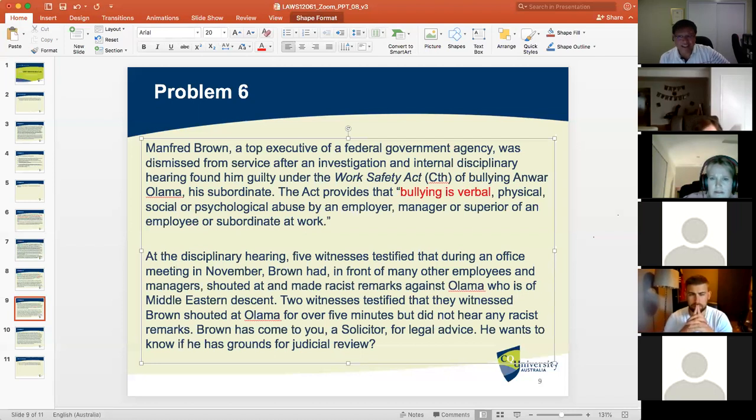The answer actually is yes, there is a ground for judicial review. And that is why it can be very complicated. So perhaps in the final assessment, I will come up with a simpler question.